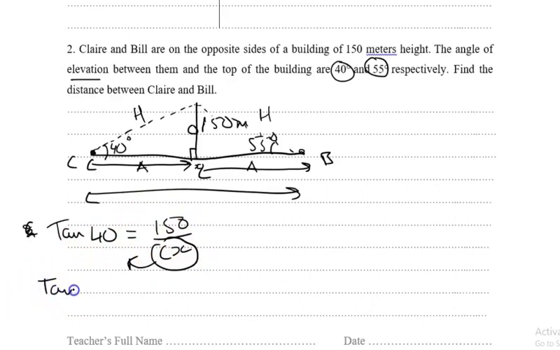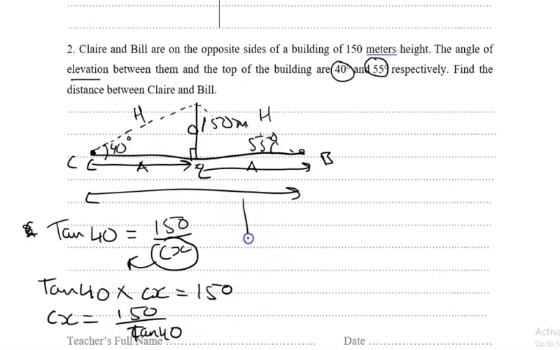So tan 40 times CX equals 150. So CX equals 150 divided by tan 40. CX is going to equal 178.7630, and so on.